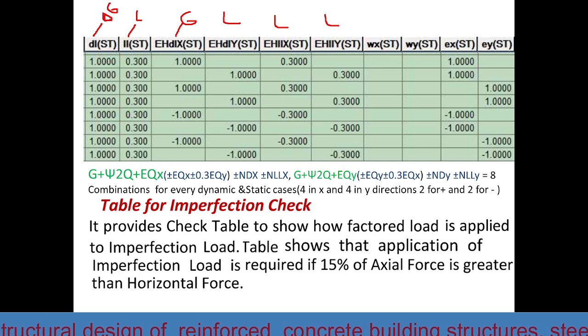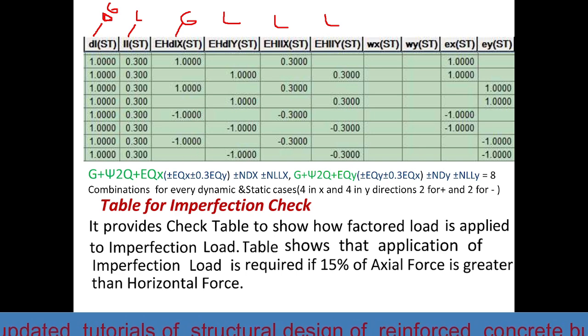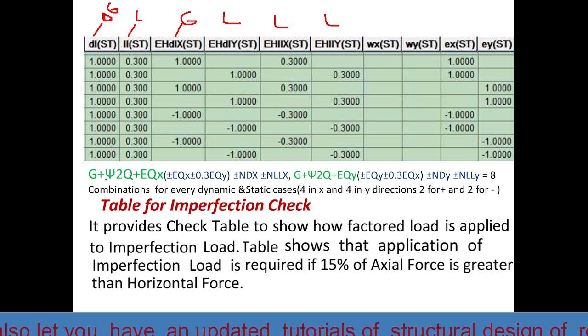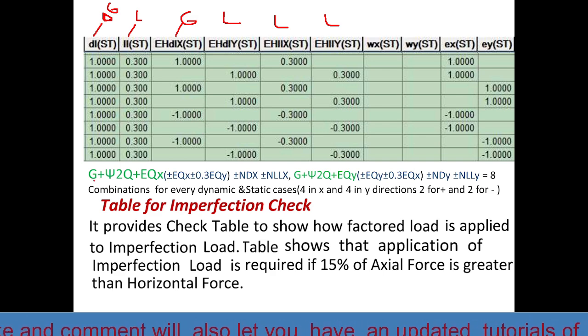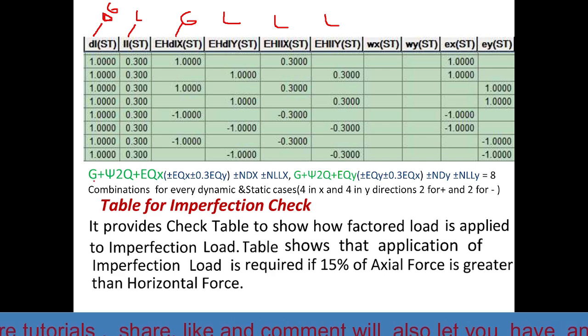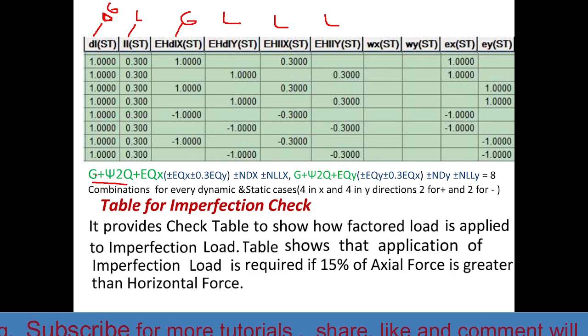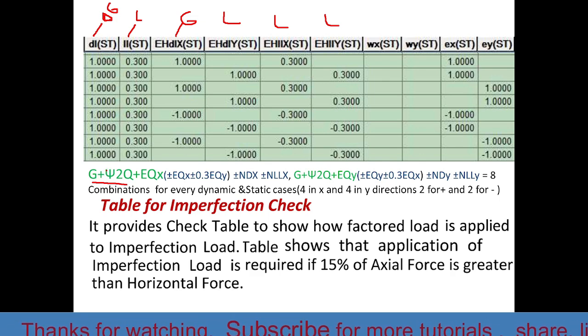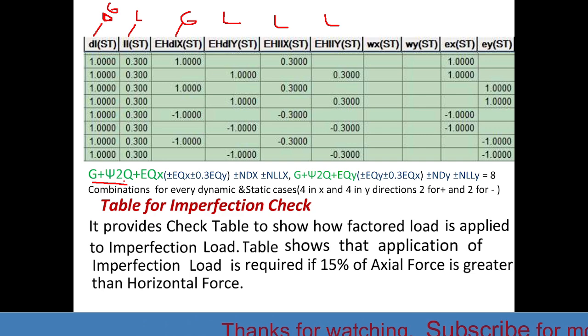So here, generally, the seismic load combination formula looks like this one. That is the gravity load plus psi 2 times the variable load plus earthquake load in x direction.